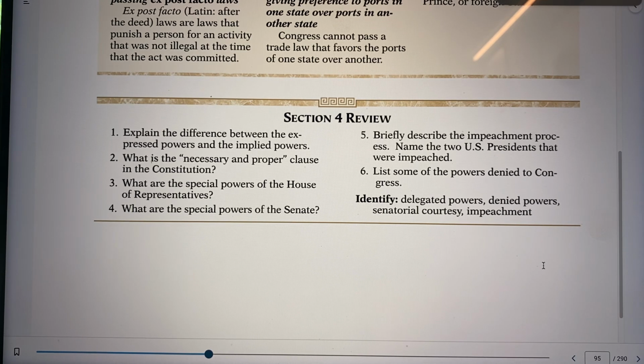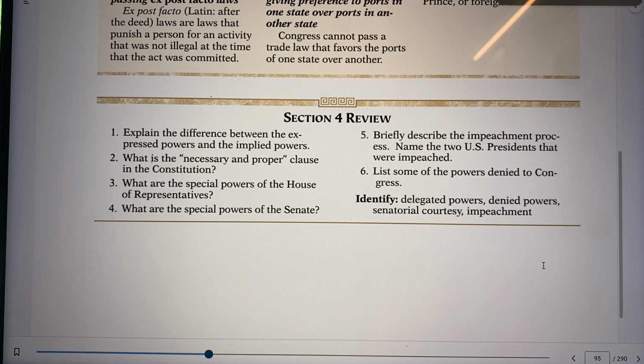An example: the Constitution gave Congress the power to coin money, so then we needed a bank. That would be an implied power. Number 2, what is the necessary and proper clause of the Constitution? It lets Congress make laws needed to carry out those powers expressed in the Constitution that are implied. So necessary and proper means implied powers.